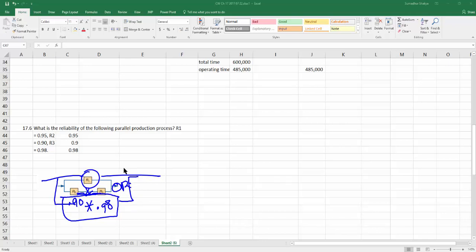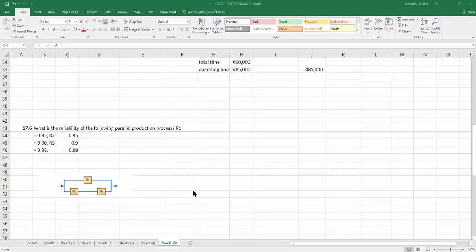Okay. So let's see, first we calculate the resultant of R2 and R3. So R1 we'll take into account later. First is R2 and R3 both working equals 0.90 times 0.98.